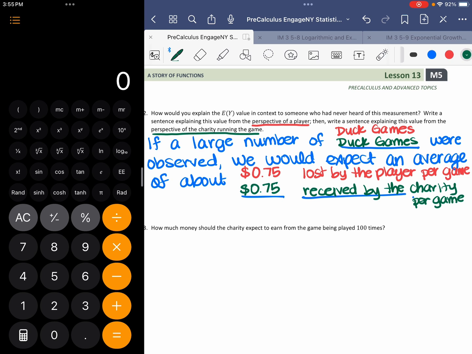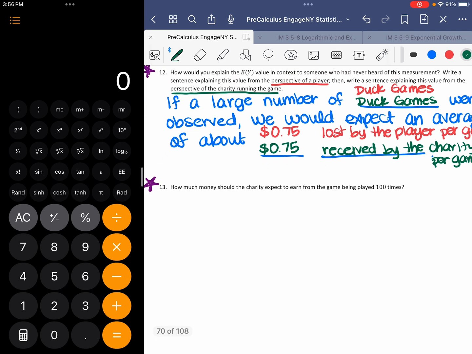And again, to zoom out and look forward, when you all are creating your game for our project for this unit, I want you to keep in mind that you as the game master should be having a goal of winning the most money. So think about an expected value that works in your favor as the person hosting the game. Okay, so go ahead and make this quick last calculation.